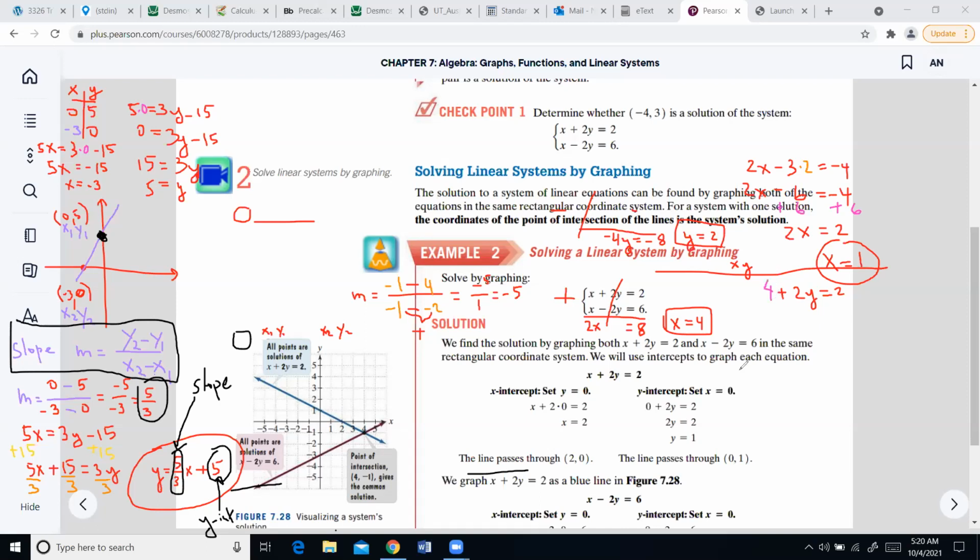So looks like the first step will be to minus 4 on both sides, right? Minus 4 here and minus 4 here. So I'm going to have 2y equals negative 2. So y is equal to negative 1.